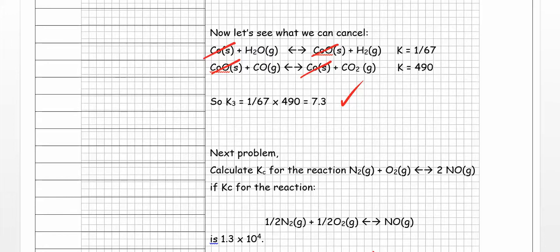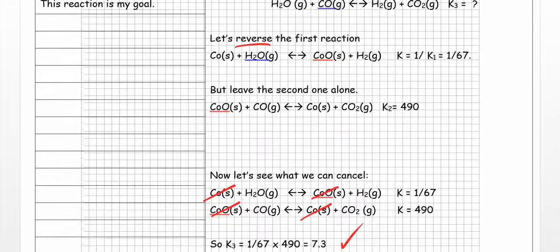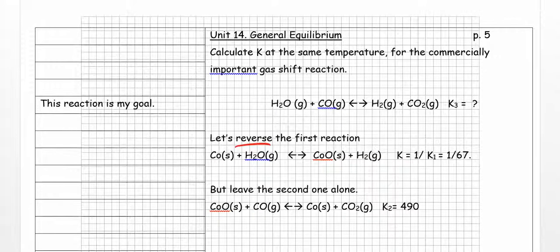So I've been able to manipulate the equilibriums to get to the equilibrium that I was interested in. And remember, the equilibrium that I was interested in was this one here.